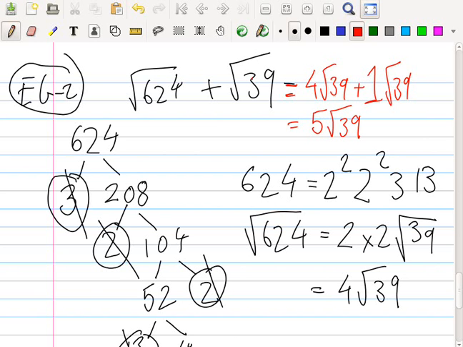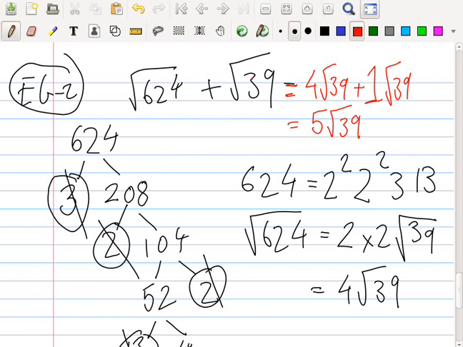So you could just go from root 624 to 4 root 39. But what you can't do, and you'll get 0 marks, is just type the question in. If you type in root 624 plus root 39, it'll come out on the calculator as 5 root 39, I think.